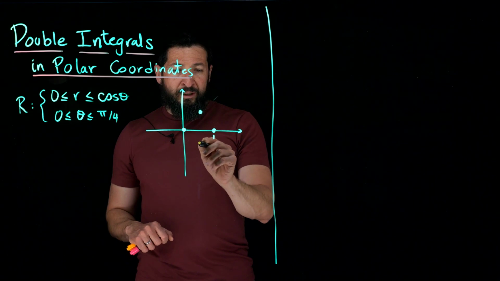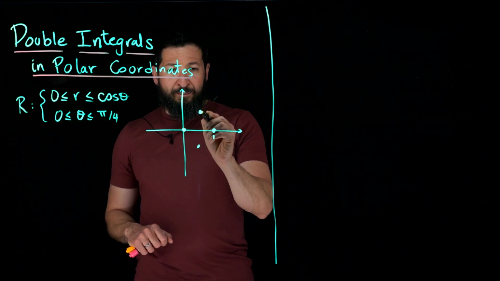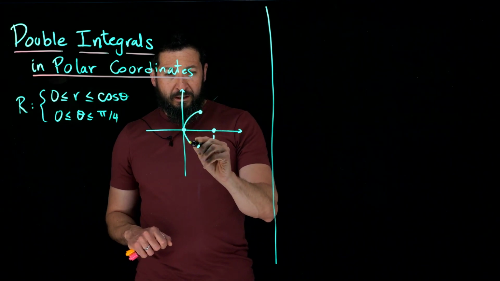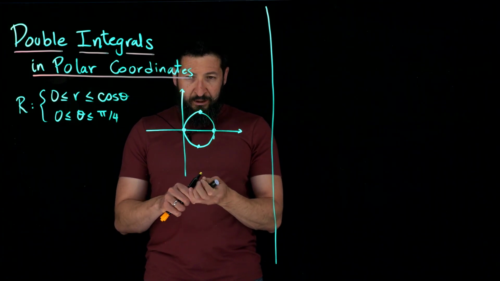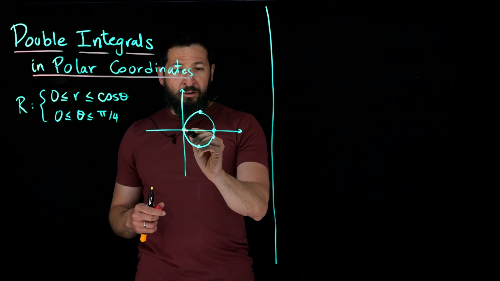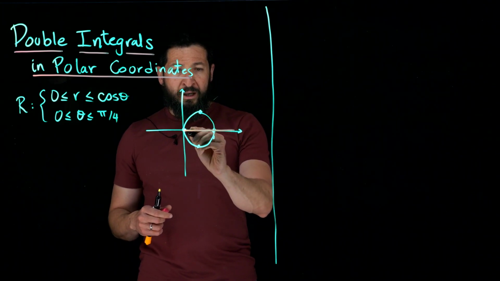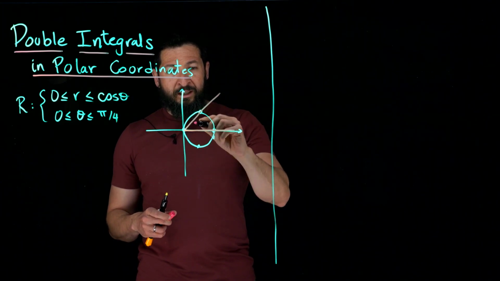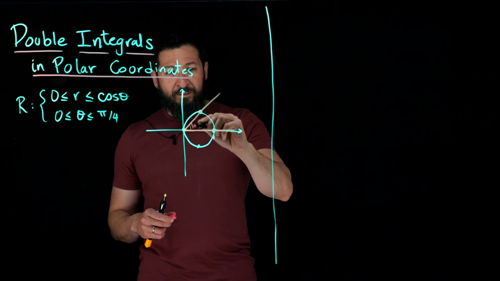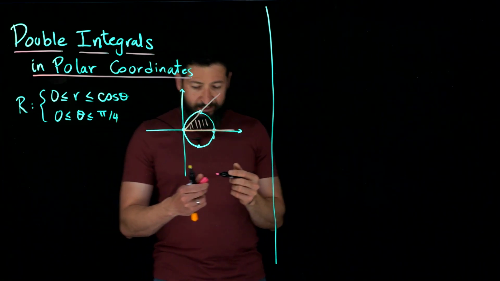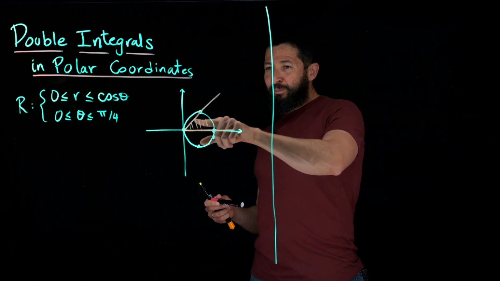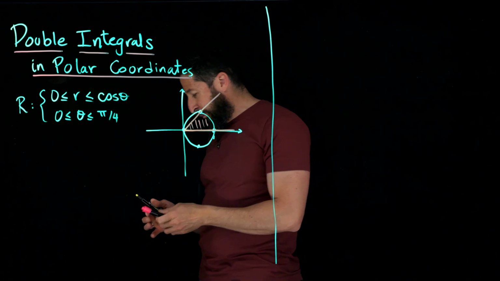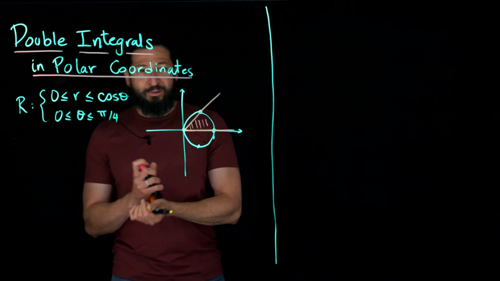And if you remember the graph of this function, it's a circle. But now, the region you're looking at is where the angle goes from 0 to pi over 4. So you want the area of this little slice there. Now, I wouldn't say it's pizza because then you're taking a big chunk and you're leaving a little bit for somebody, but you know, you do you.